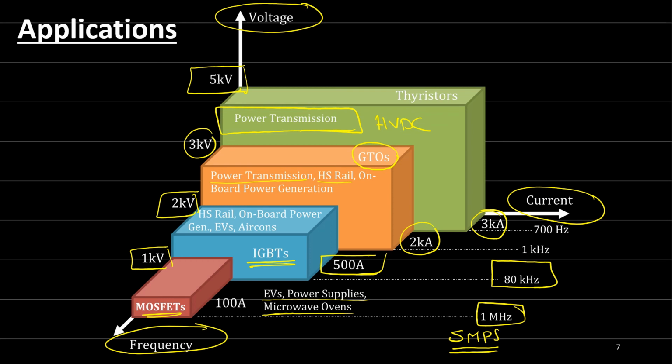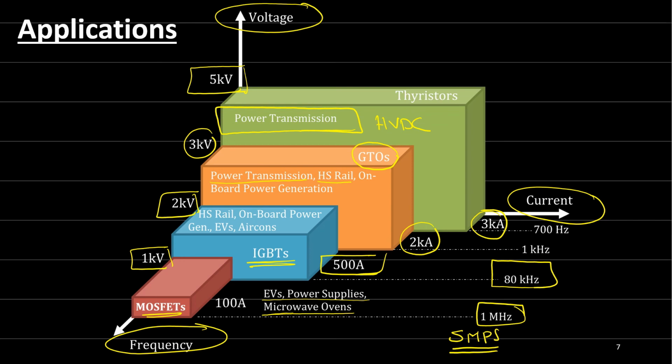But nowadays we have many other solutions. Manufacturers are designing and manufacturing new devices. Even the MOSFET, you'll find MOSFET can operate at even higher voltage and higher current. IGBTs as well.